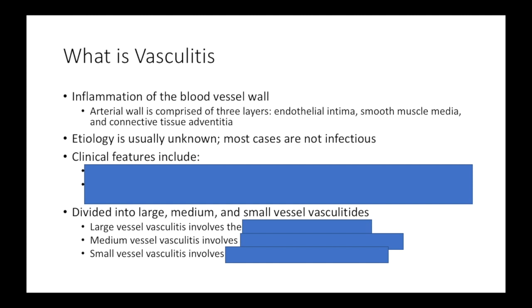Can anyone tell me what some of the general clinical features of vasculitis are? ESR. Okay, and what does ESR kind of tell you? Inflammation. Yes. And what are some symptoms? Inflammation of the blood vessels. And then we can think about transudate, exudate.